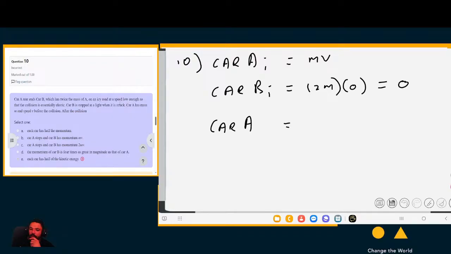It still has the same mass, but its velocity now has to be the same. Let me get back to you on this one, but the answer is D. Okay, the answer is D.